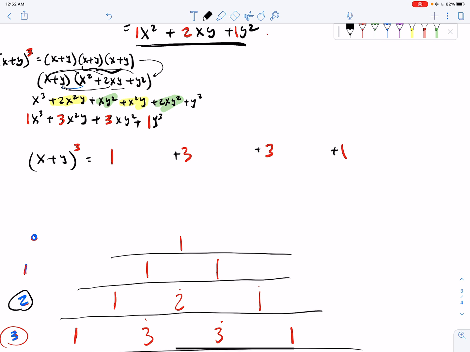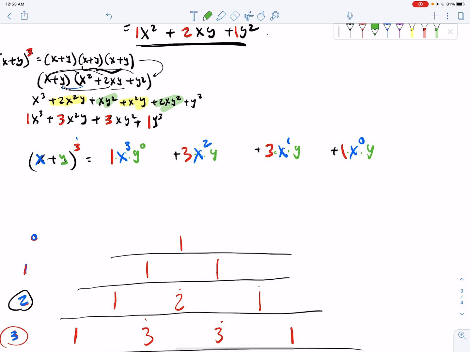And then, just like I did before, the x goes here, and that starts with a power of 3 and drops down to 2, 1, 0. And then I go with my y value. That goes here, and this is, of course, being multiplied.